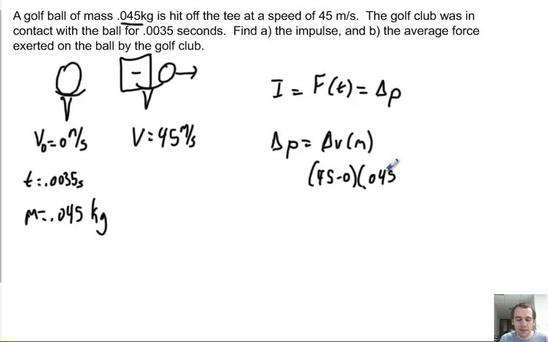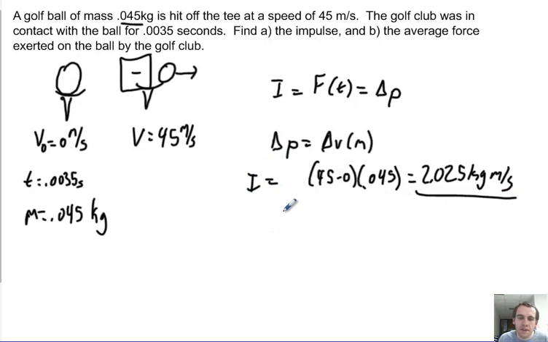So 45 times 0.045 is 2.025 kilogram meters per second. That's the change in momentum, so it is also the impulse that the ball felt. 2.025 kilogram meters per second.